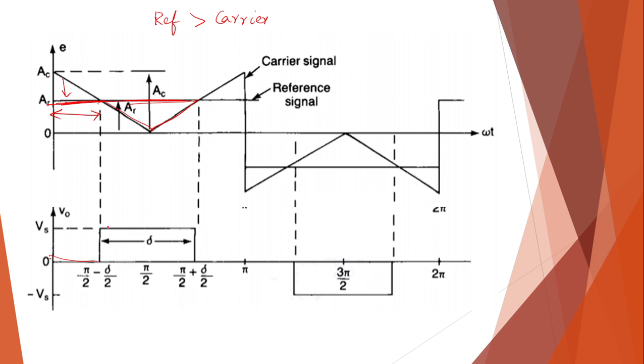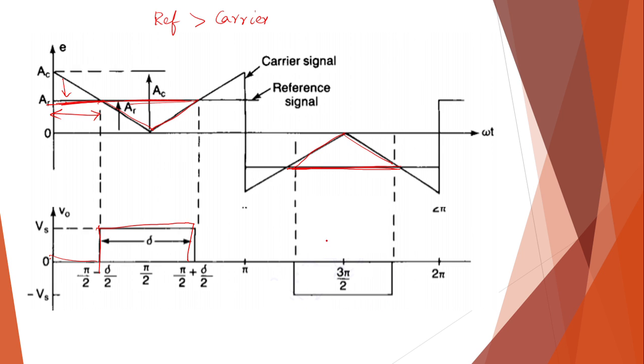In this case, you are going to get the output. Similarly, you're going to get it in the negative cycle. You can see here, this negative value is greater than this value, and then you are getting the output in the negative direction.